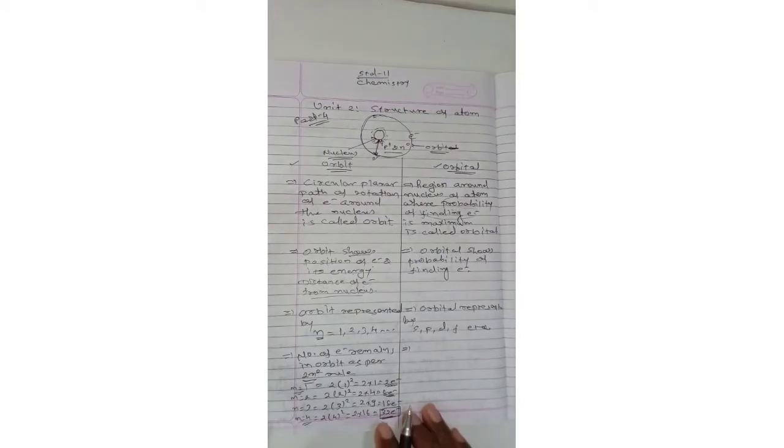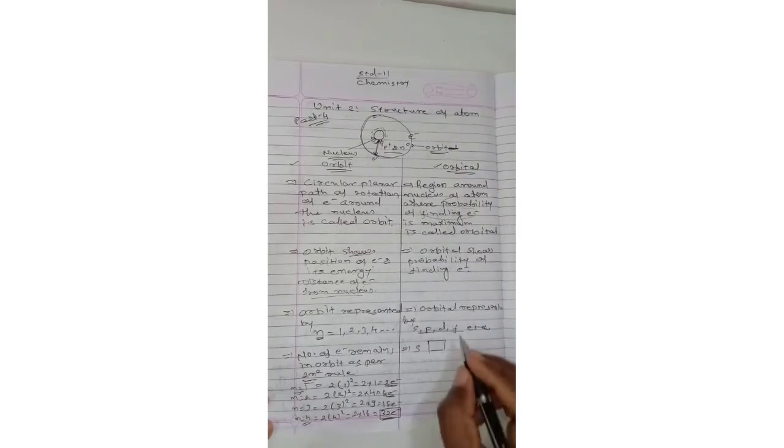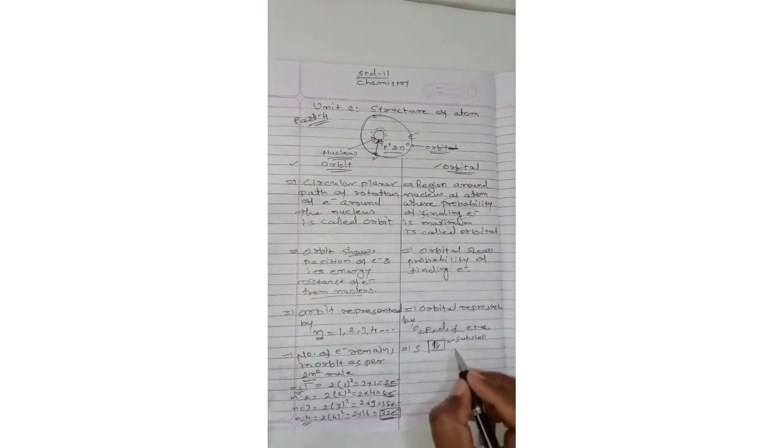Here, an orbital is represented by s, p, d, f. The s orbital has one suborbital or subcell, and each subcell can accommodate a maximum of 2 electrons. So one subcell multiplied by 2 electrons equals 2 electrons.